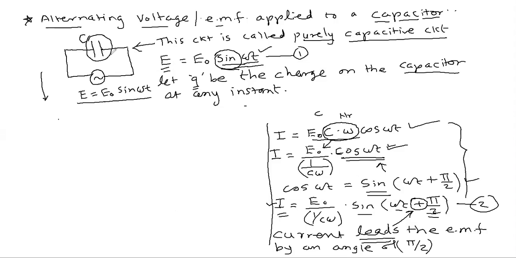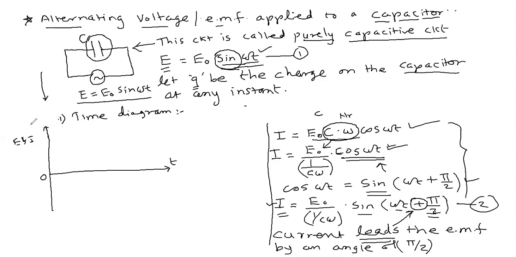So for the phasor diagram, I will take first the time diagram. You can draw this time axis. Again you divide this one into 3 parts. Okay, this is your initial one. So on the y axis E and I, and on the x axis you have taken the time.